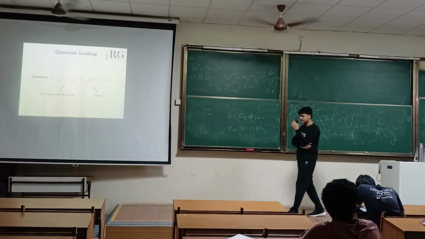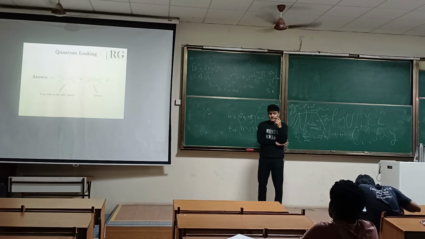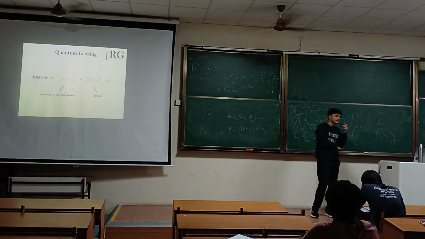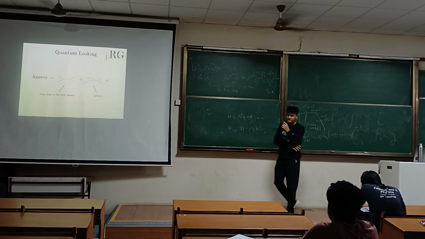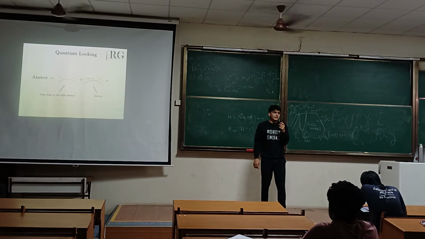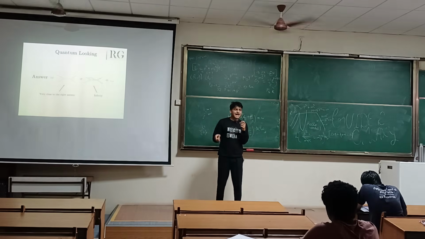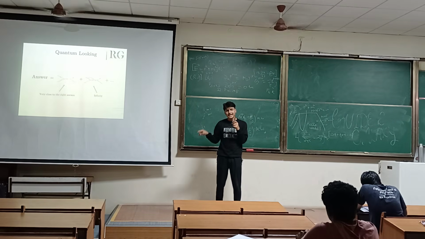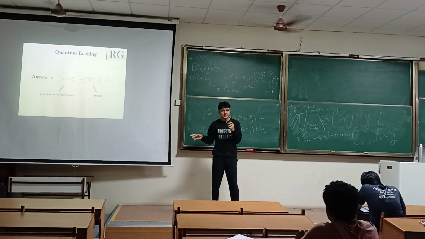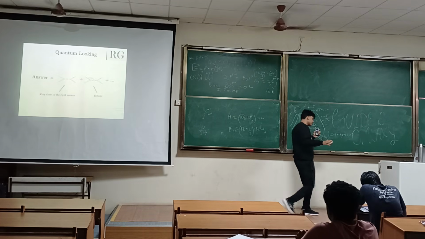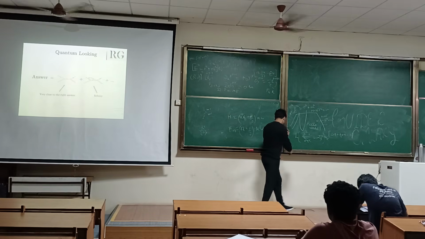Let's say we are trying to model one electron which is interacting with light. Now in quantum mechanics, anything that can happen will happen, but there will be a probability associated with it.